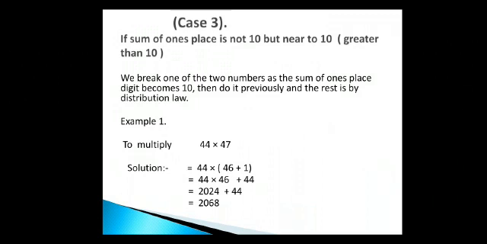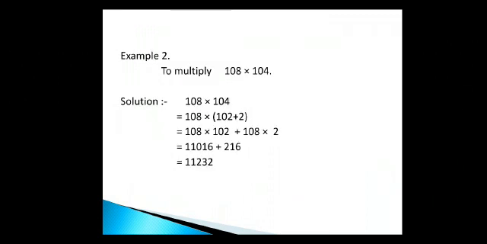The ones place digits 4 into 6, so we get 24, and 4 into 5 is the successor of 4, that is 20. So 2024 plus 44, so we get 2068.